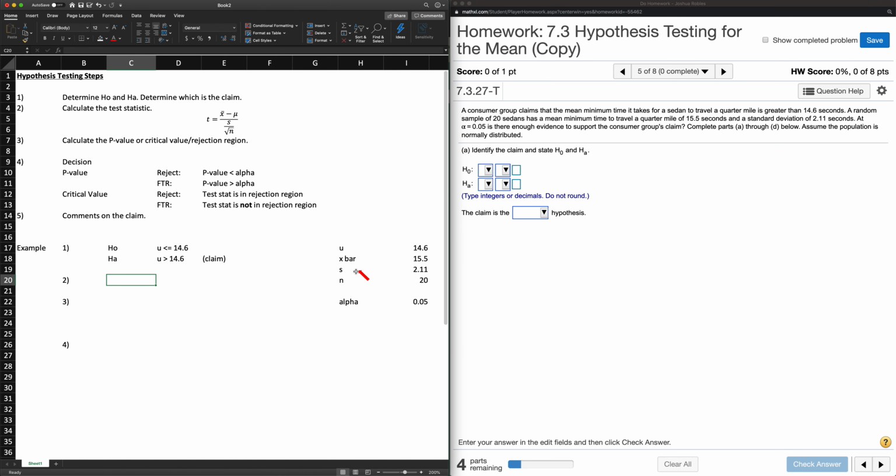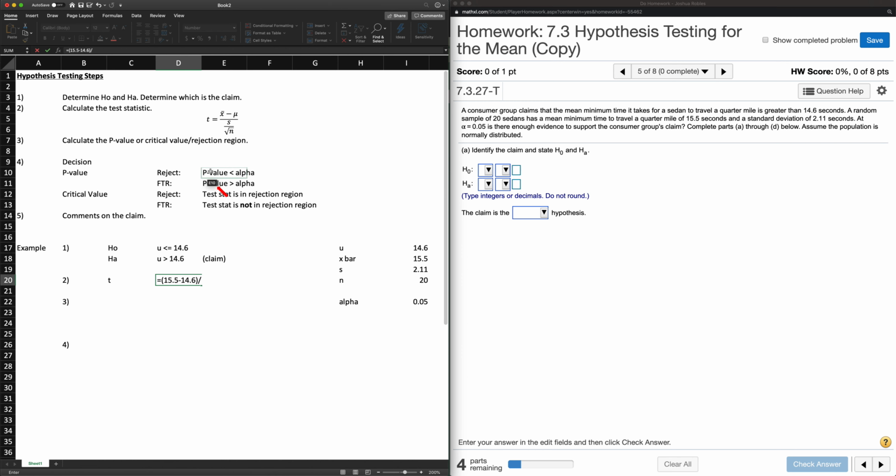All right, now we will calculate the test statistic. So we had said before that since we have sample standard deviation, we are going to use a t-distribution or a t-score for this problem. So to calculate the t-value, we're going to take the sample mean and subtract the population mean. So the sample mean is 15.5. The population mean being compared to here is 14.6.